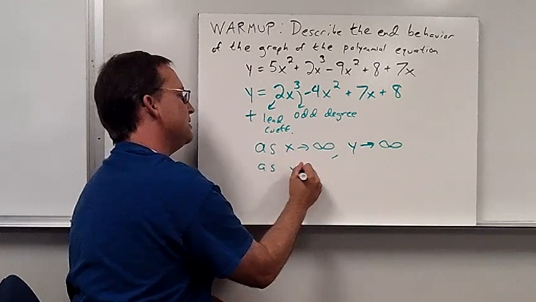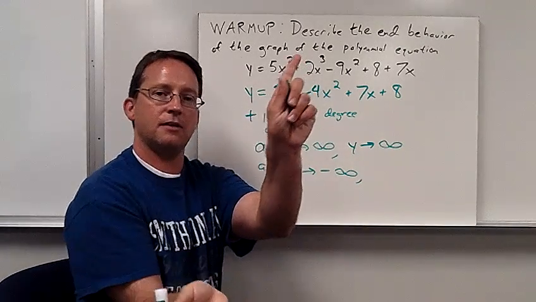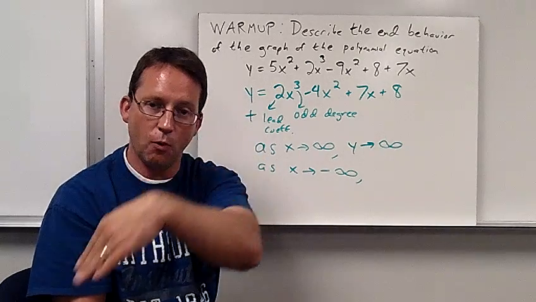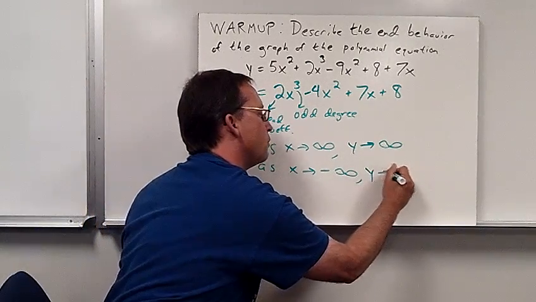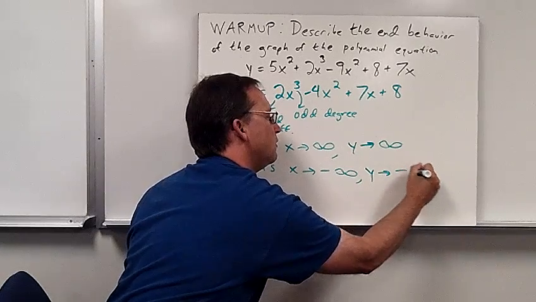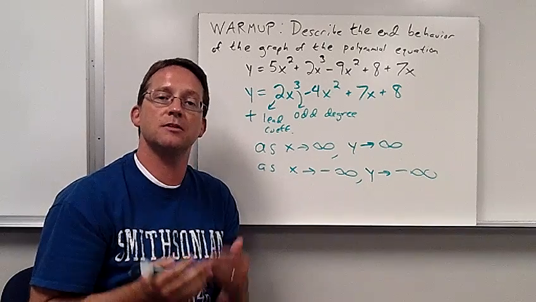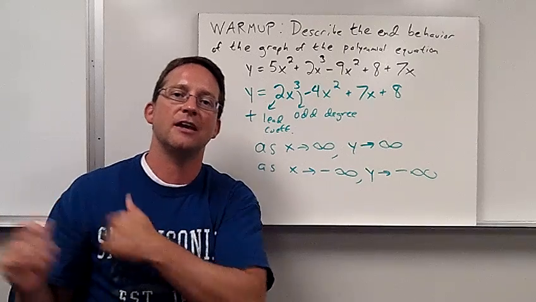Now as x approaches negative infinity, think about the other end of that straight line. As x gets more and more negative, the y values also get more and more negative. So y is going to approach negative infinity there. Remember, when you describe end behavior, you'll always be giving two statements. What happens as x approaches positive infinity? What happens as x approaches negative infinity?